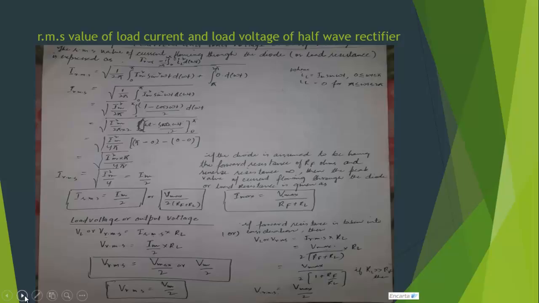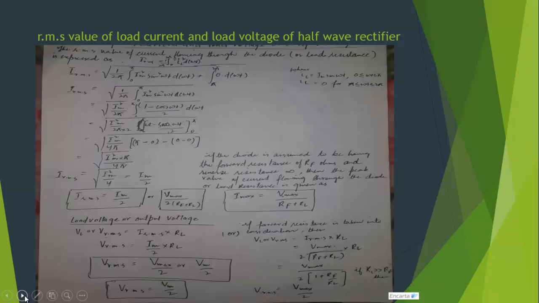Or you can write IRMS squared is equal to 1 by 2 pi, integral 0 to pi I square max sine square omega t d omega t plus integral pi to 2 pi 0 into d omega t, where IL is equal to Im sine omega t for 0 less than or equal to omega t less than or equal to pi, and IL is equal to 0 for pi less than or equal to omega t less than or equal to 2 pi.